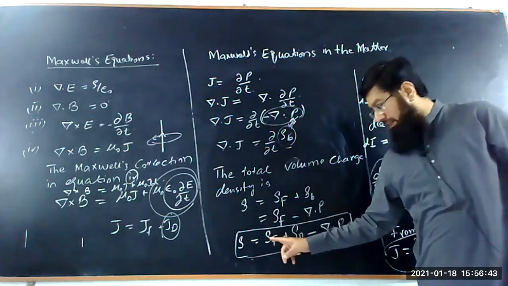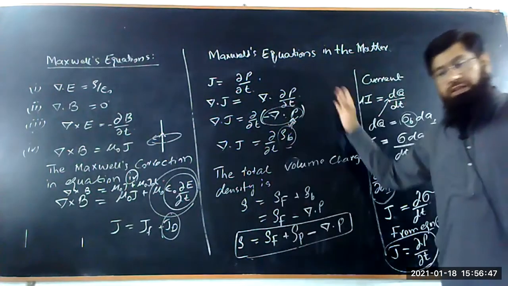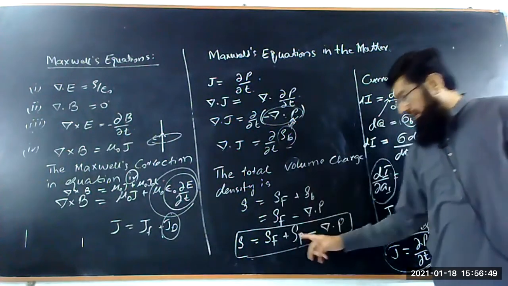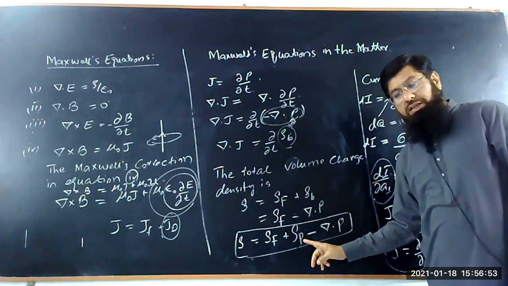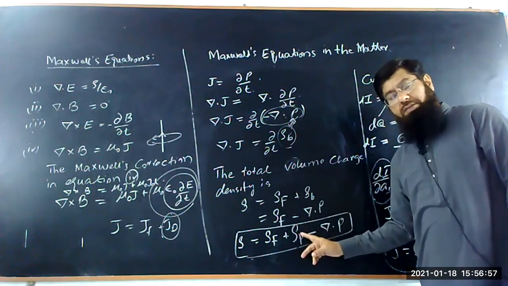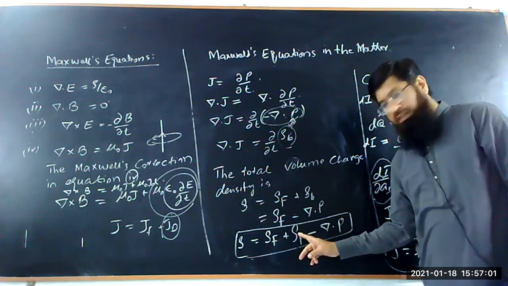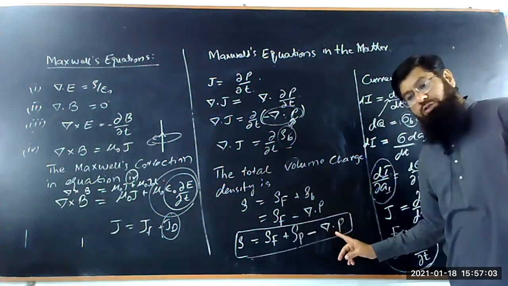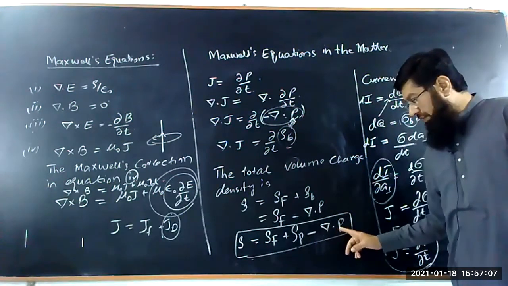This is the density of the free charges, if we have a material in which the free charges are moving. This is the density of the polarization charges. It means when the electric field passes through it, some of the charges get polarized. So this is the density due to the polarized charges, and this is the density due to the volume bound charges, divergence of P.